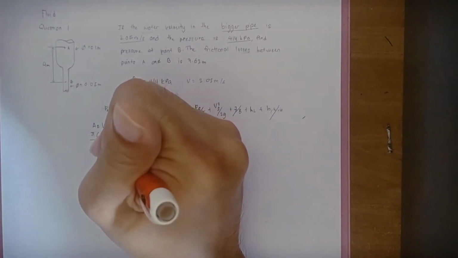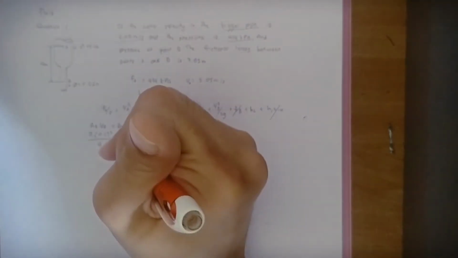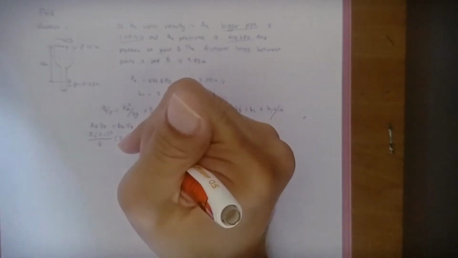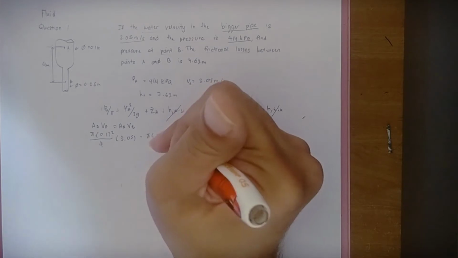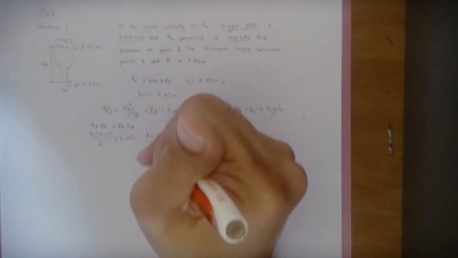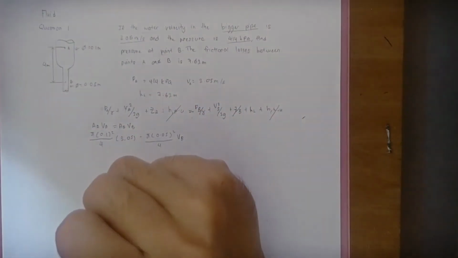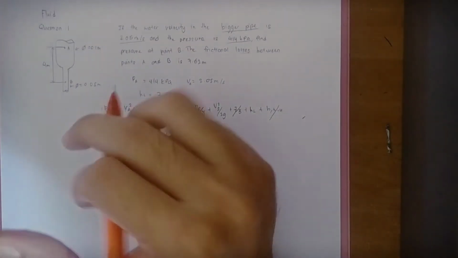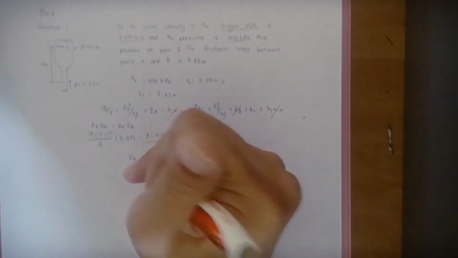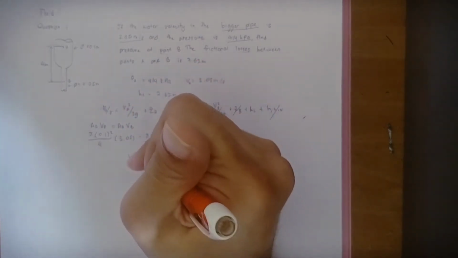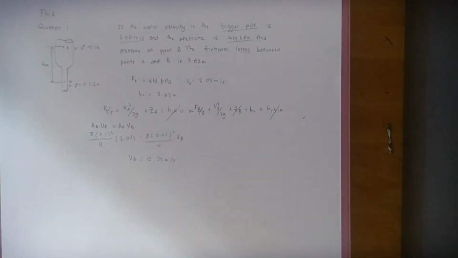Calculate all this. VB is equal to 12.22 meter per second.